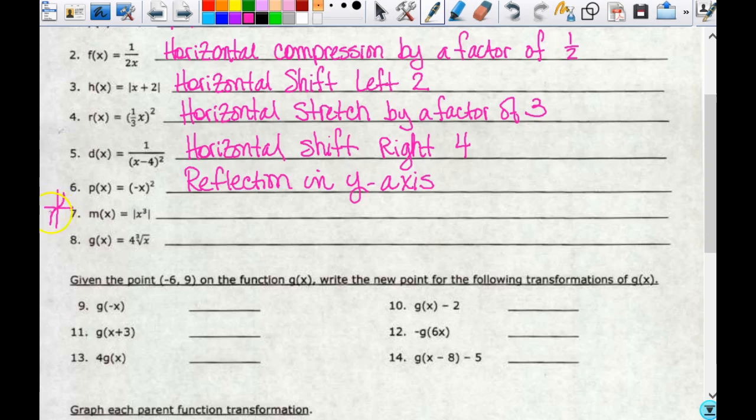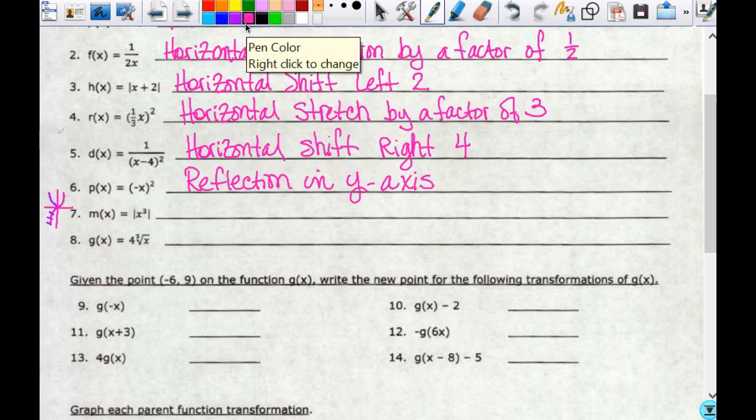So all of this over here just goes away. And then you take what's left on the right-hand side and you reflect it. Reflect it over here. So it looks like that, but a whole lot better.